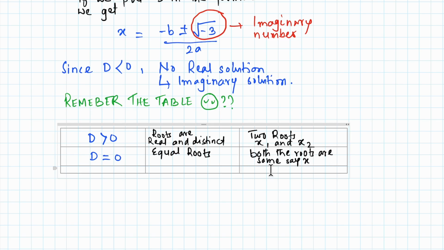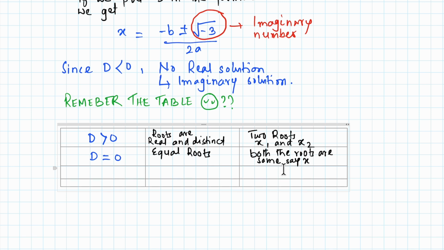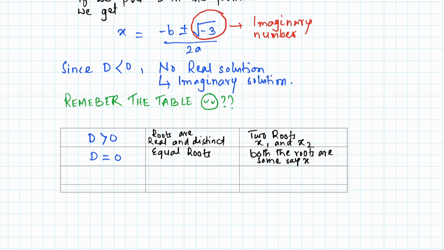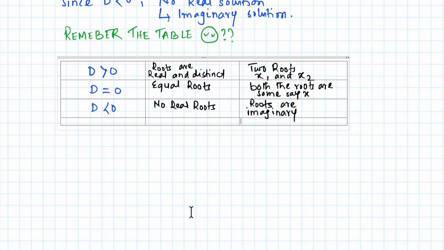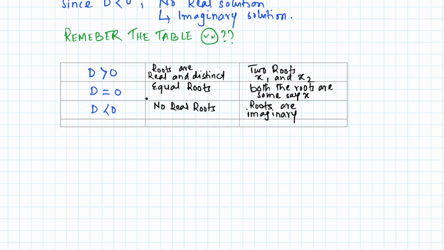Now number 3, if d is less than 0, no real roots, so the roots are imaginary. These are the 3 important things to keep in mind. We have put it in the table to make you remember.